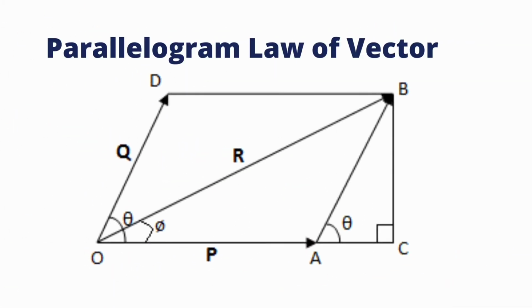Let's look at the diagram. The first side of the triangle we are considering inside this parallelogram is P. The second side is Q, which is a line that is transferred to OA, and we have AB.